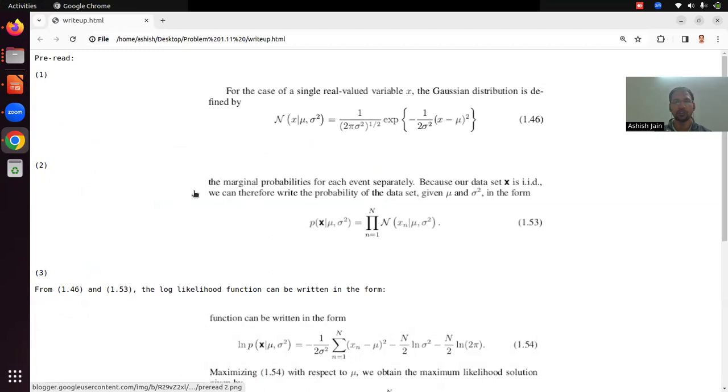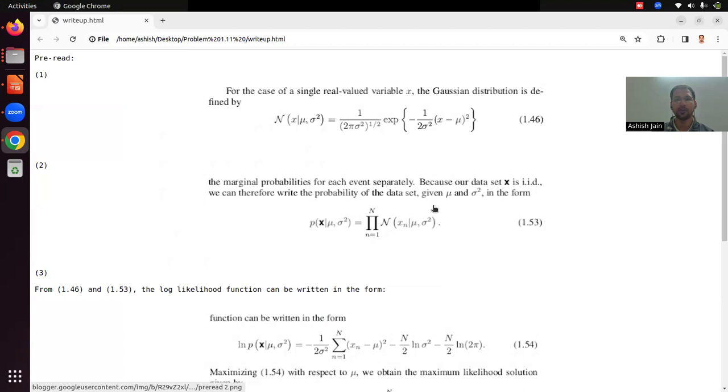So the normal distribution equation is given to us, and we know that X is a data set in which elements are independent and identically distributed.